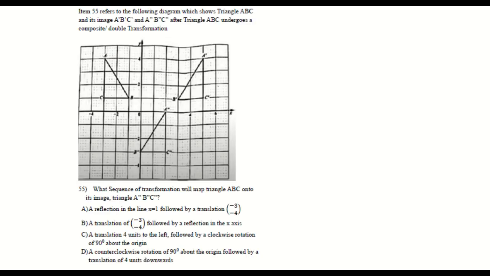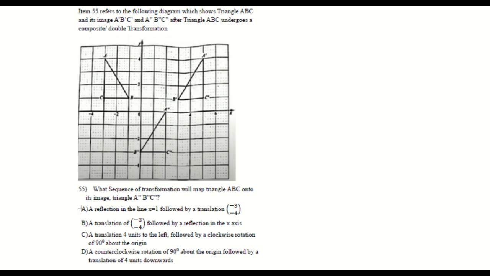Yeah, that's correct. Item 55 refers to the following diagram, which shows triangle ABC and its image, and its double image. After triangle ABC undergoes a composite transformation, what sequence of transformations will take it to the second one? First of all, that cannot be a reflection because it will be an inverse.